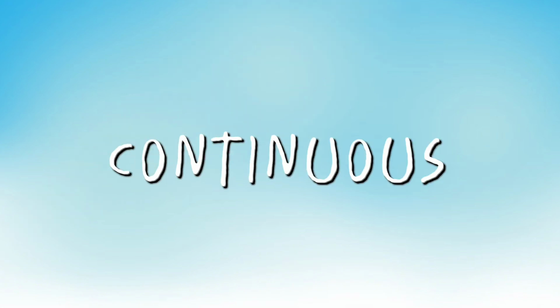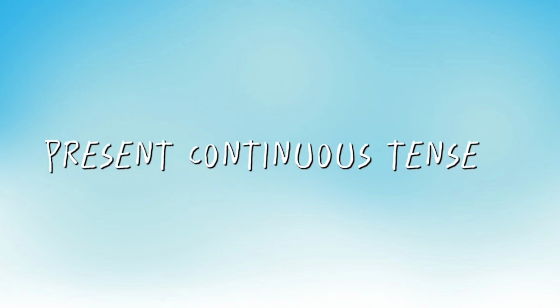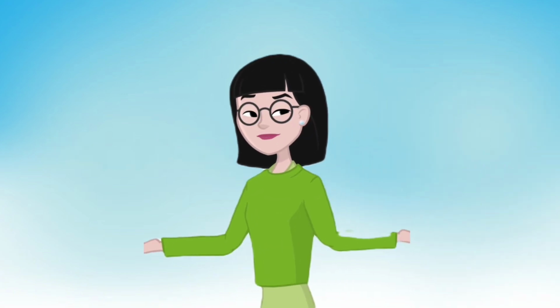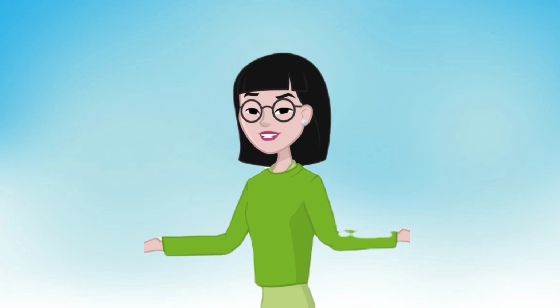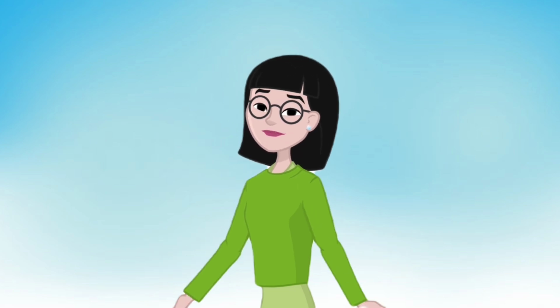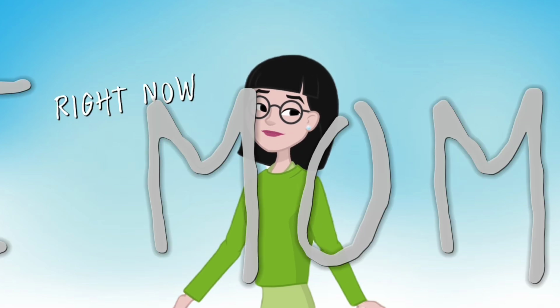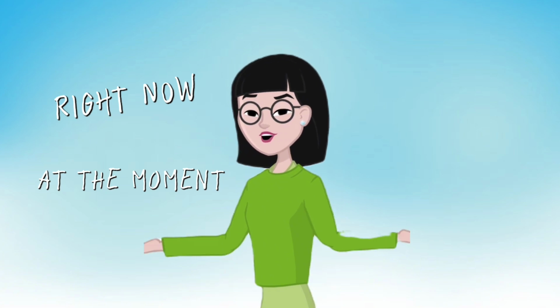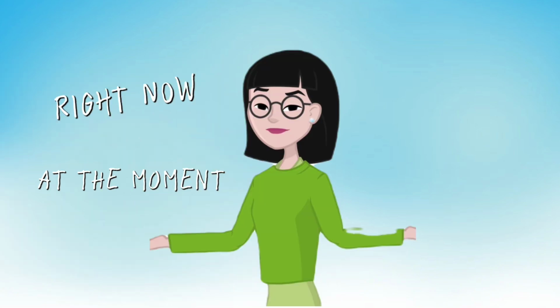And now the continuous aspect. To help us express actions that are ongoing, let us start with the present continuous tense, also known as the present progressive tense. This is used to describe actions that are happening right now at the moment of speaking or are ongoing during the present time frame.